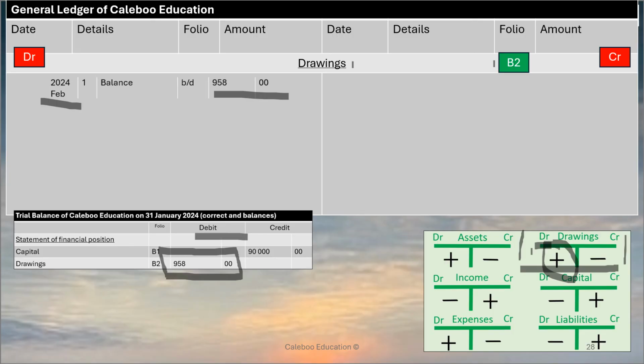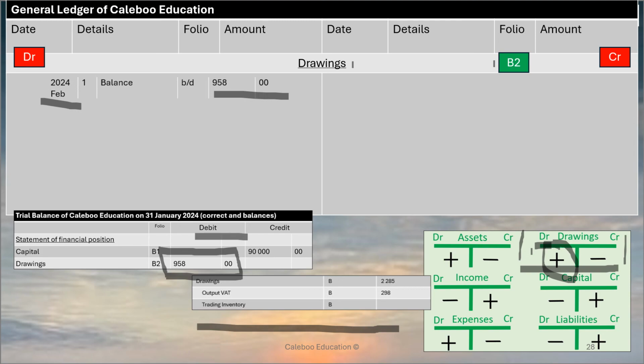Now drawings take place for the month, and I go and take the information from the journals and I put it into the drawings account. Here we go. I've just taken an extract from the general journal. Drawings was debited with 2285 and 72 cents. I'm not too concerned what the transaction was at the moment, but the owner would have taken stock for his or her personal use.